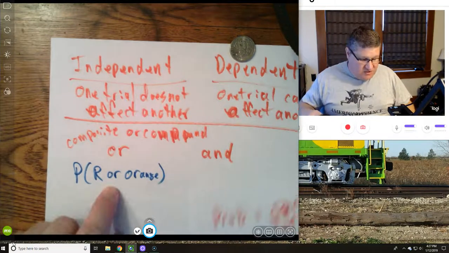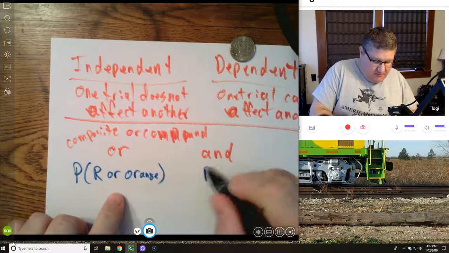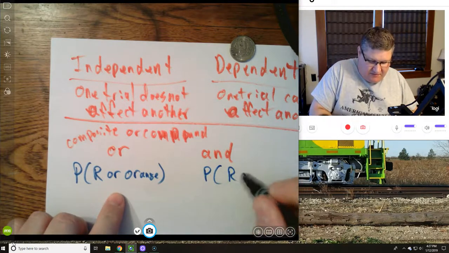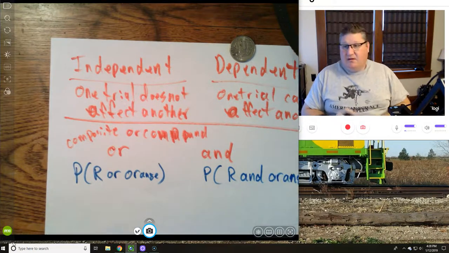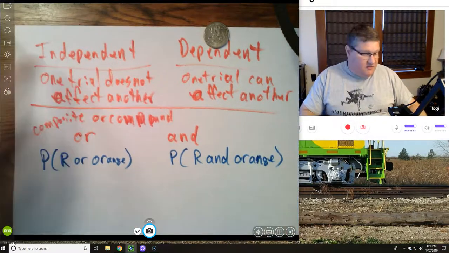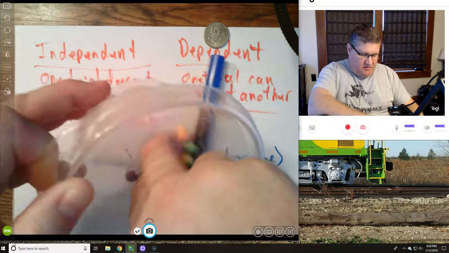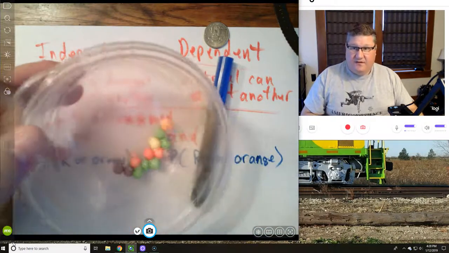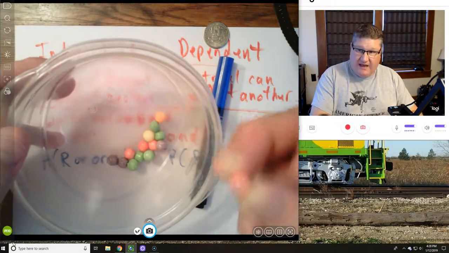Now, if I'm just looking for a red or an orange in one pull, that's not so bad. But the problem is when I try to get the probability of a red and an orange. Now it becomes very important that I have independent trials, because if on the first time I pulled a red, that's going to change the probability if I don't put it back.